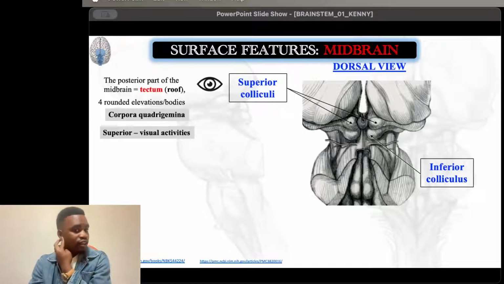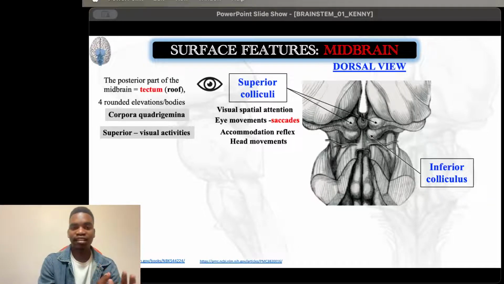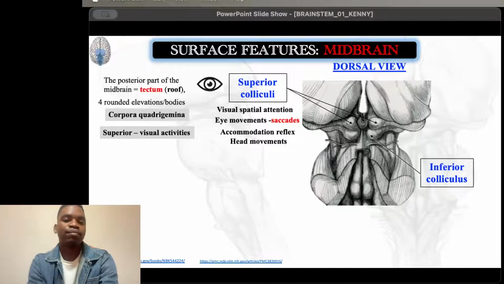Now the superior colliculus helps in visual activities. We have a separate discussion about visual spatial attention, eye movements, accommodation reflex, and head reflexes, head movement. That's a separate thing. I wouldn't like to incorporate it in this video, but we have a separate session.